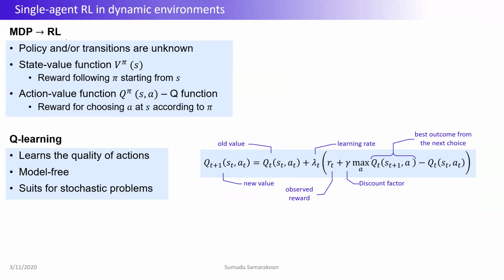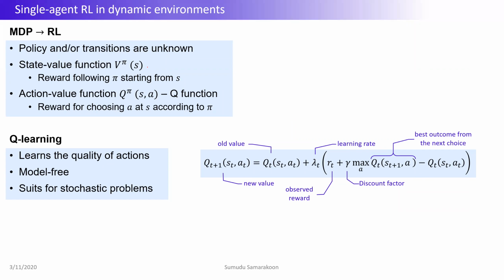Now, when this Markov decision process is going to be RL, so when the policy or the transitions are unknown, this Markov decision process can be considered as a reinforcement learning problem.